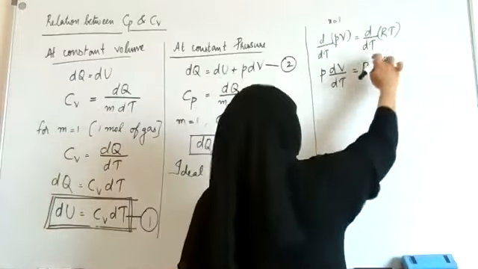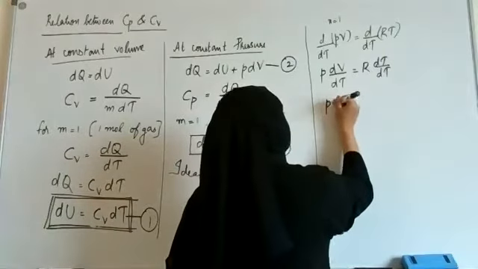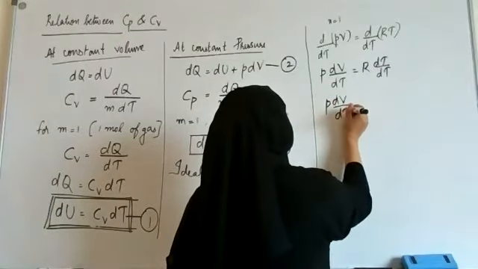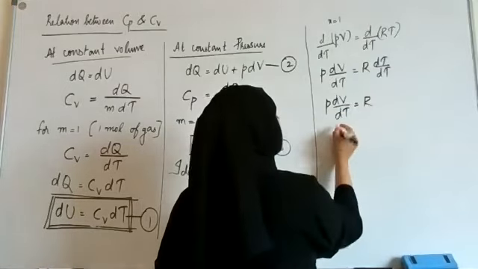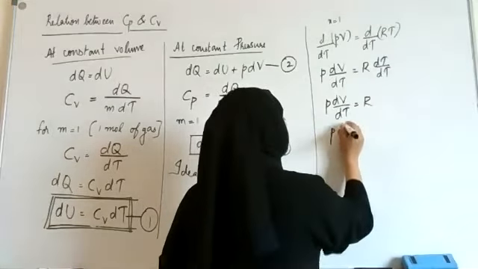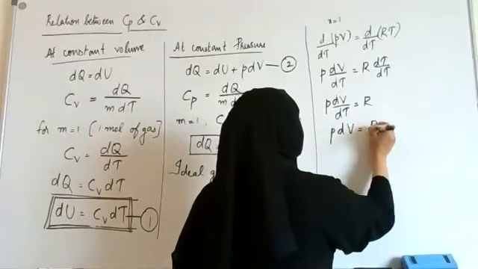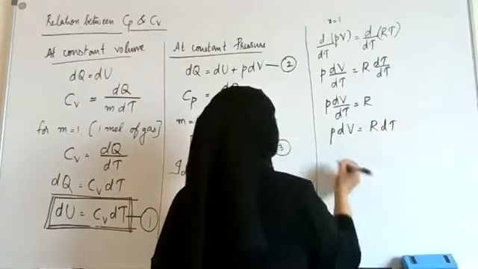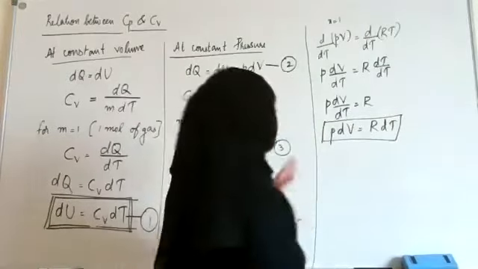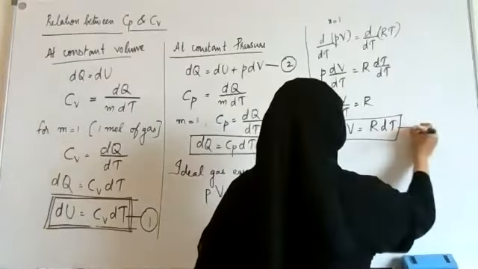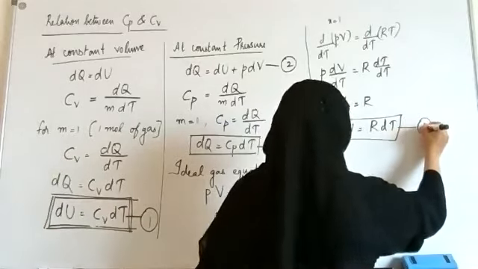So this will become 1. So P dV by dT is equal to R. Now, if I take dT to the other side, it will become P dV is equal to R dT. So we got all the terms. Now we can substitute in this equation. So this is equation number 4.